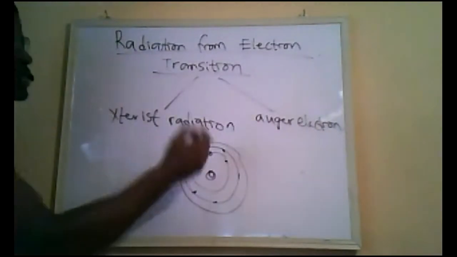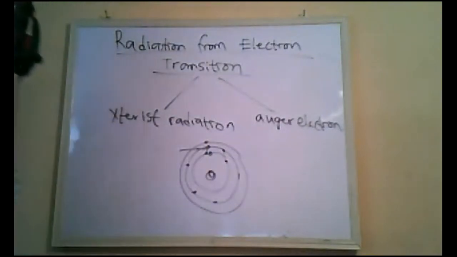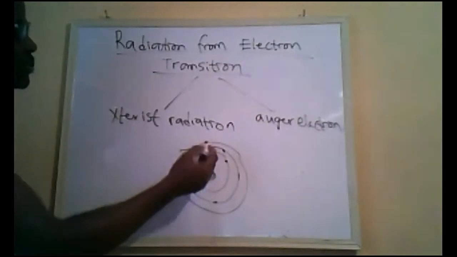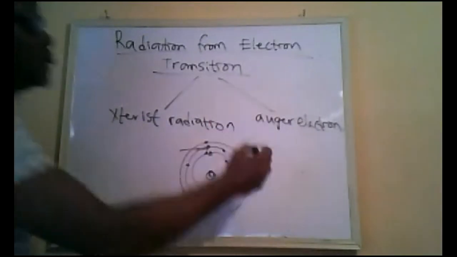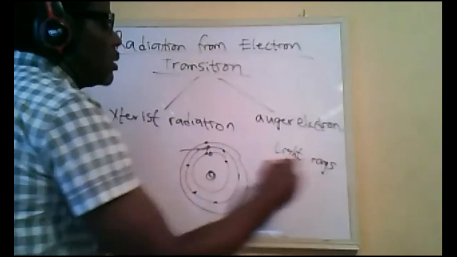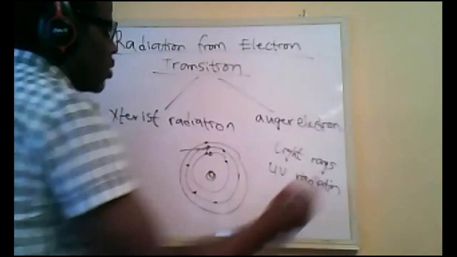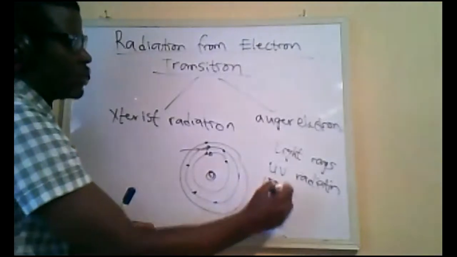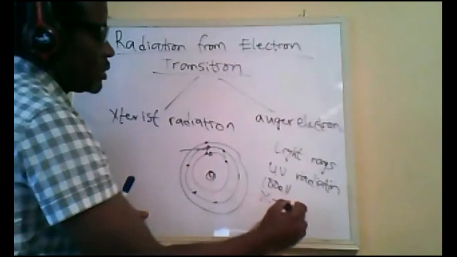It has a particular binding energy, the energy holding it to the nucleus so that it continues to revolve in space. When it goes down here, the excess energy has to be released in the form of light waves, light rays, ultraviolet radiation, or, when the energy exceeds 100 electron volts, characteristic X-rays.